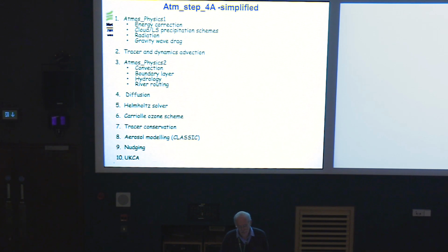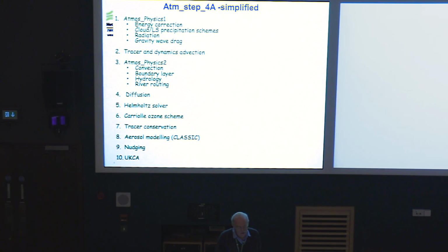So this is a very highly simplified sequence of calls in the atmosphere step. You have atmosphere physics 1, and within that are the large-scale cloud and precipitation schemes, and those at the moment furnish data for UKCA in terms of the precipitation and cloud amounts that we use, and a few other things, such as cloud liquid water.